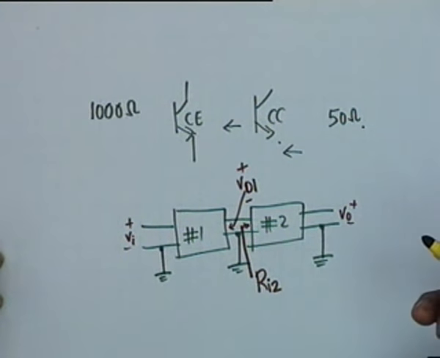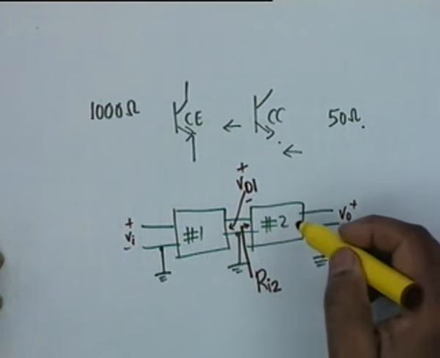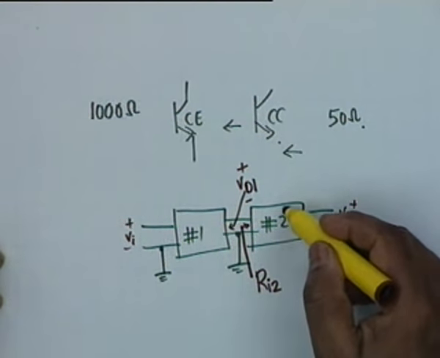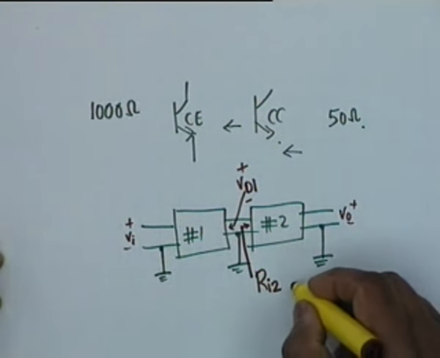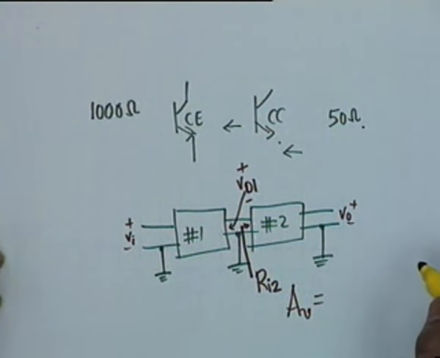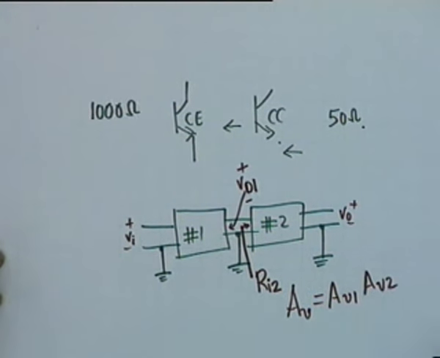If that is taken into account, and you see V01 now acts as the source to amplifier number 2, therefore it is obvious that the overall gain of V would be the product of the two gains, AV1 times AV2.